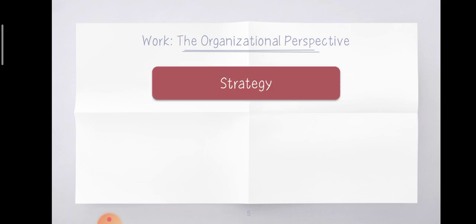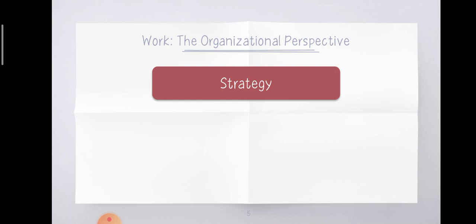Okay, so let's go to strategies. An organization develops a business strategy. Let me ask you a question. Why is it important for a business to establish strategy? That will be your assignment number 1. What is the importance of a business strategy?